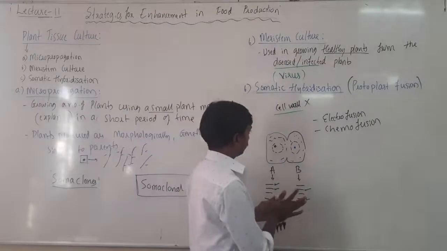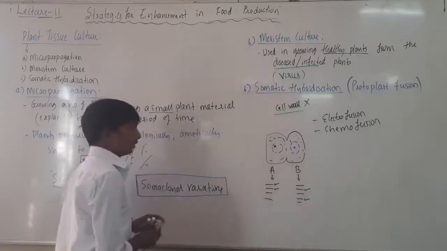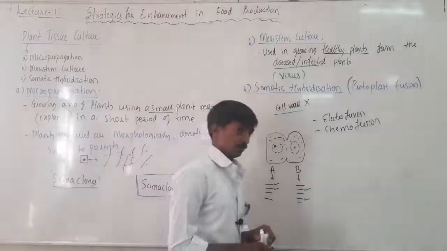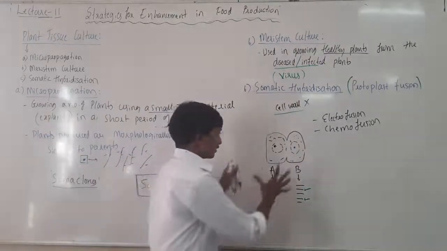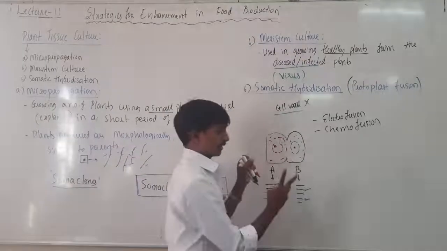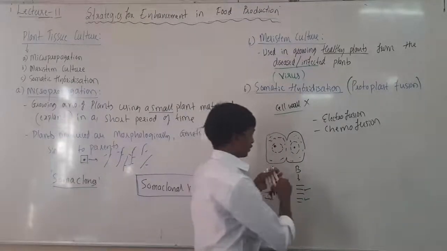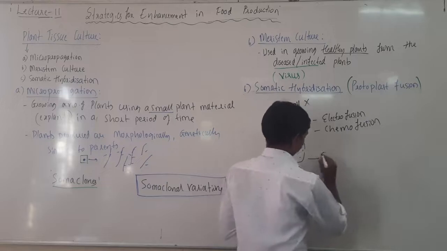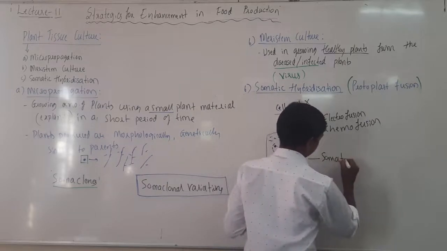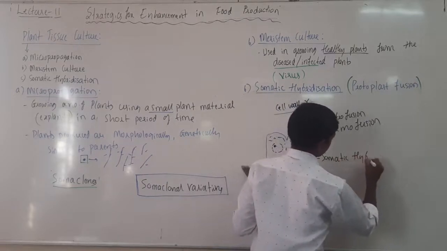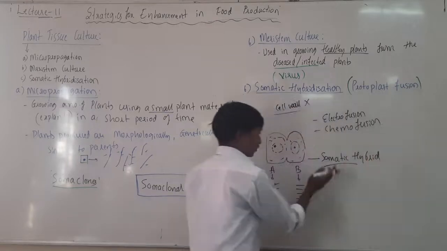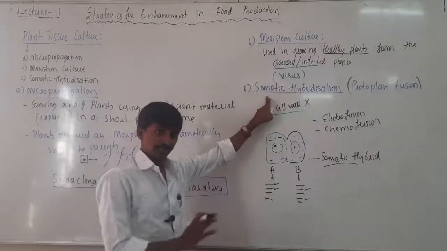That is how somatic hybrids are produced. Since this is a combination of two cells, it is called a somatic hybrid, and the process is called somatic hybridization.